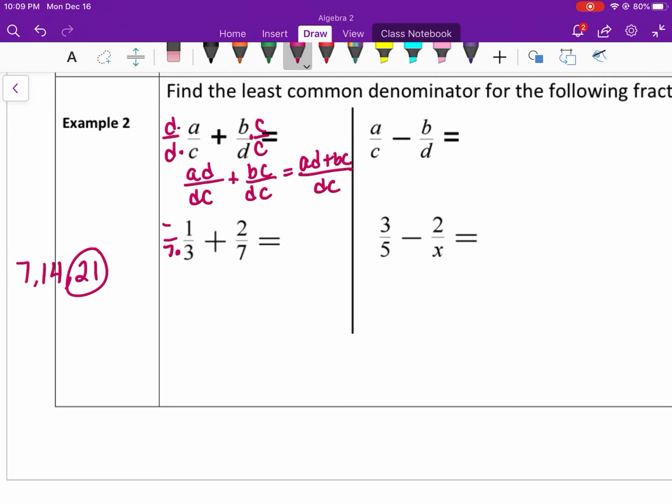So I can multiply the first fraction by 7 over 7, so multiplying it by 1. So I'm just manipulating it so it has a bigger denominator, but it's staying the same value. And then I'll multiply the second one by 3 over 3. So I'm going to get 7 over 21 plus 6 over 21. And now I have a common denominator. The denominator stays 21. And 7 plus 6 is 13.